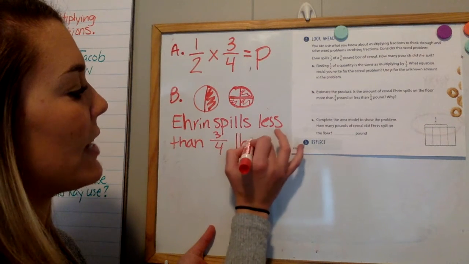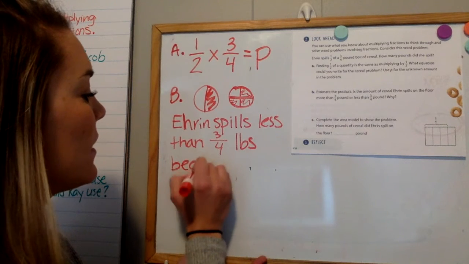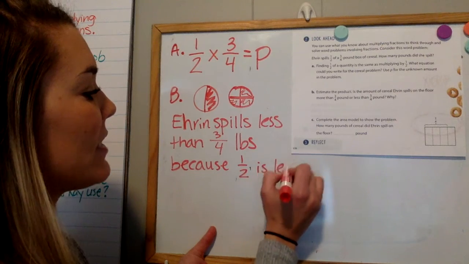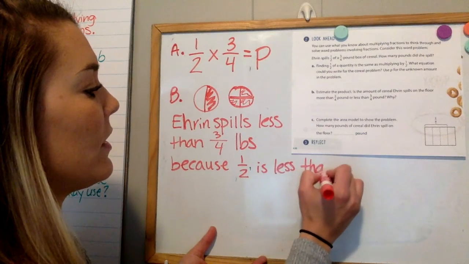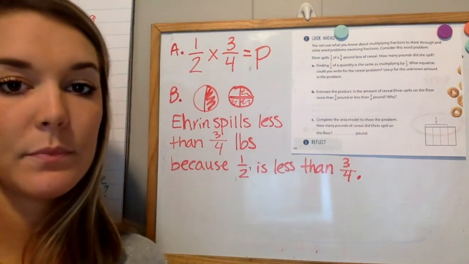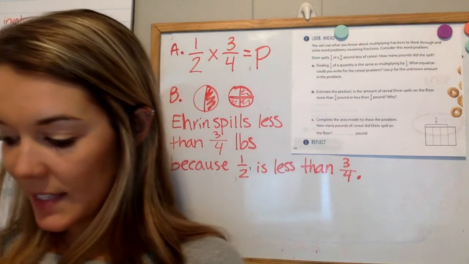I'm going to say LBS for pounds, less than 3/4 of a pound, because 1/2 is less than 3/4. Okay? If you want to pause me and get that down, go ahead. But I'm going to move on to C.